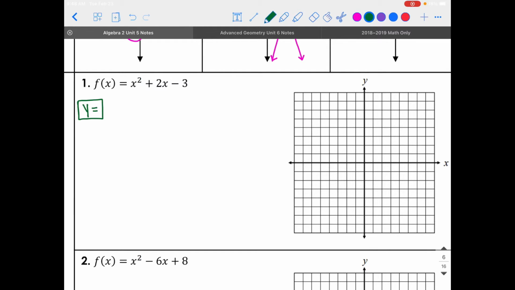You're going to be on Y1, so your cursor should be blinking there on the first line. And you're going to type in x squared plus 2x minus 3.